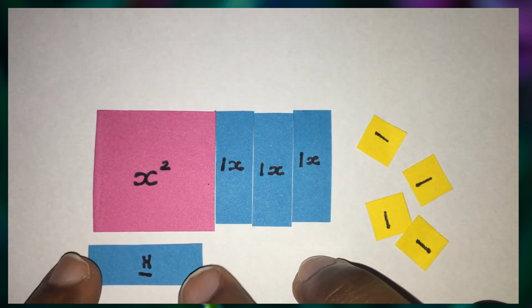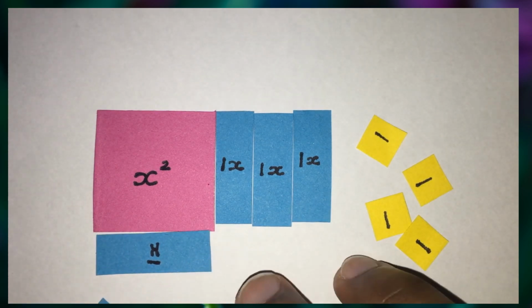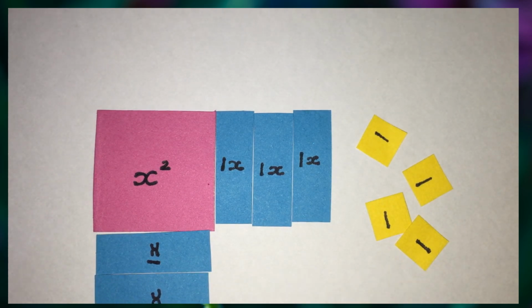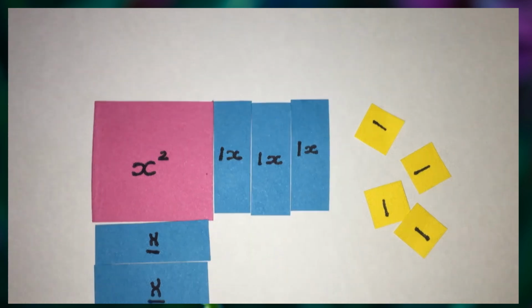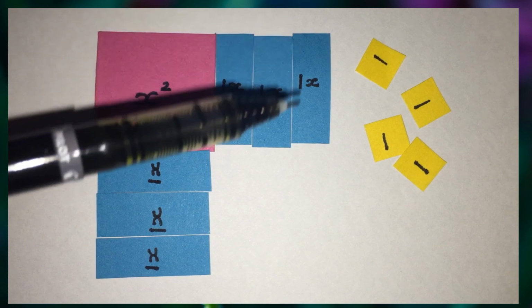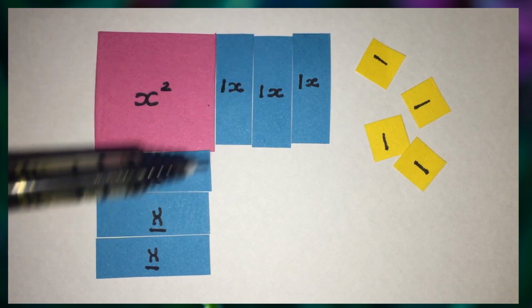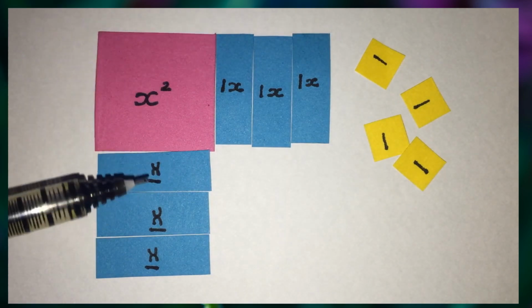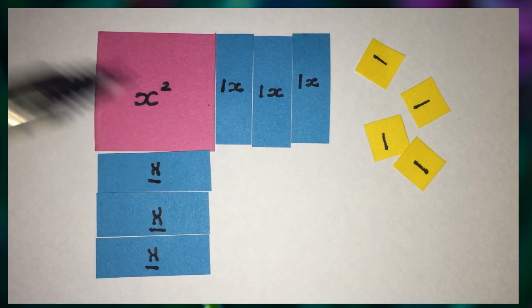Because if I had 6 x's and I split them in half, I'm going to get 3 x's on each side. And if it's a square, I have to put it on each side, don't I? Good. So you see, I have the square. I split the b term, or the x's, into 2 by putting 3 on each side.